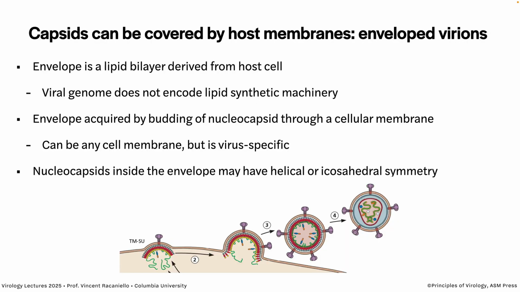Now, capsids can be covered in membranes. As I've mentioned before, these are derived from the host cell because the virus does not make lipids. These are typically acquired by budding. They can be acquired at the plasma membrane, at the nuclear membrane, at the ER. And the nucleocapsid inside can be helical or icosahedral.